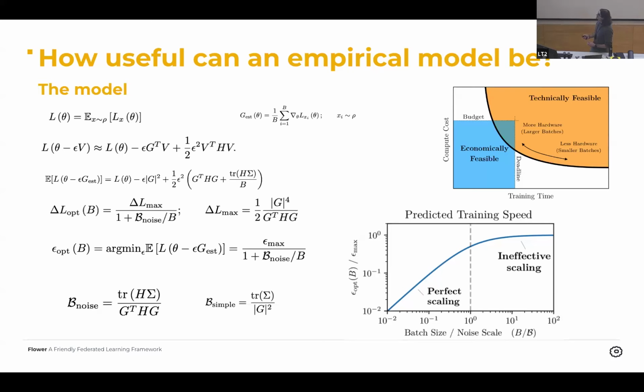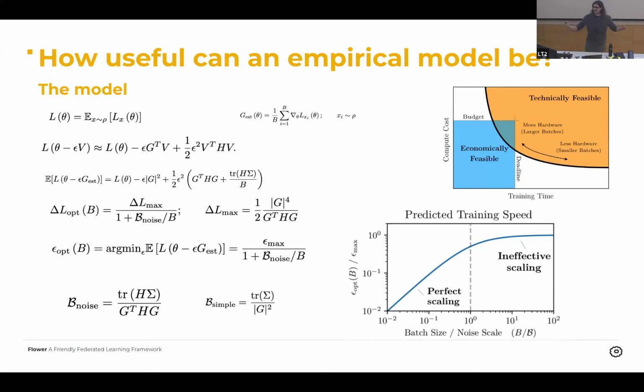But most importantly, this B noise lives in the same space as the number of samples that we're going to see. This is because we are dividing by the batch size, and this contributes to scaling this epsilon max, epsilon max being the ideal max step that we can take in order to minimize the loss.